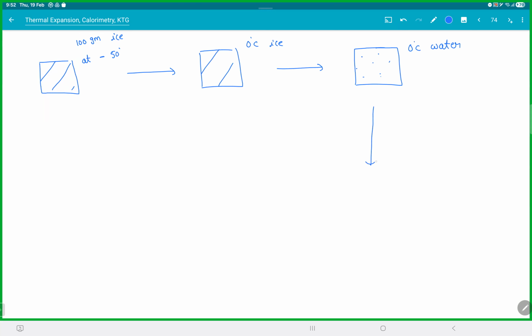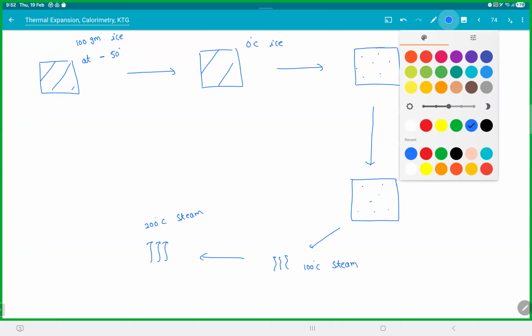Then this will become 100 degree water. So you have to go stage by stage. You can't directly jump. Then you become 100 degree steam. Then you become 200 degree steam. So each stage will require a certain amount of heat. Hope you're clear with this.